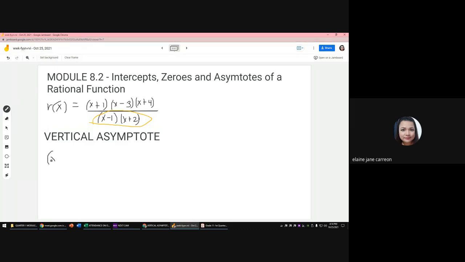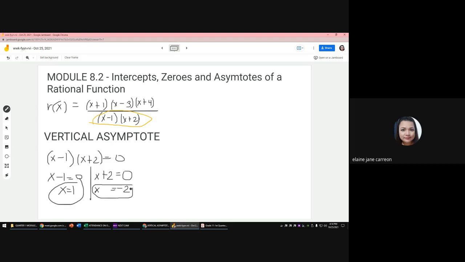So x, gaya ng ginawa natin kanina, minus 1, x plus 2 equals 0. So we will equate both factors. X minus 1 equals 0. And x plus 2 equals 0. So, lipat sa kabila, magiging x is equal to 1. And also, x equals -2.